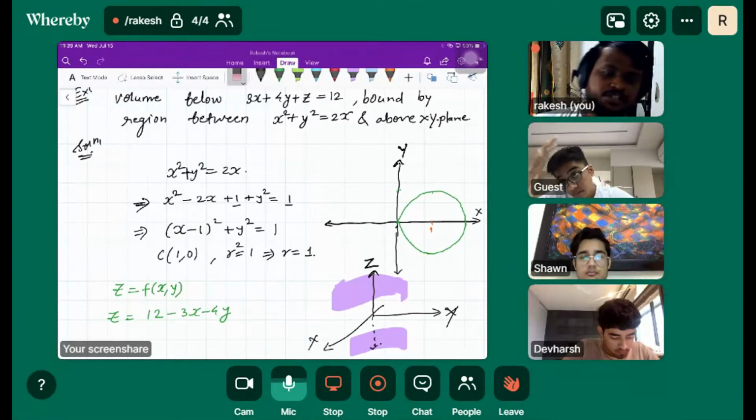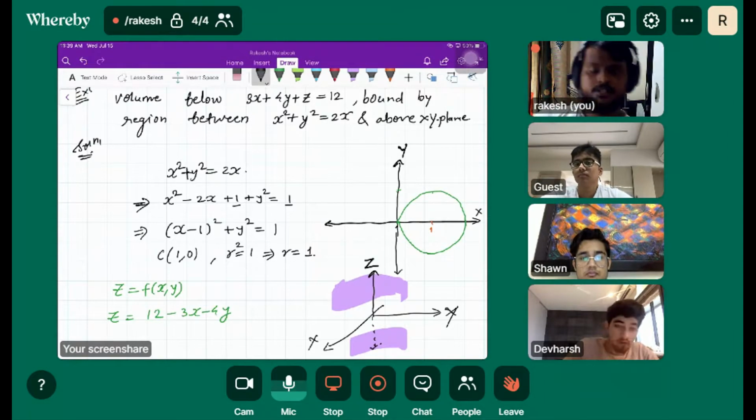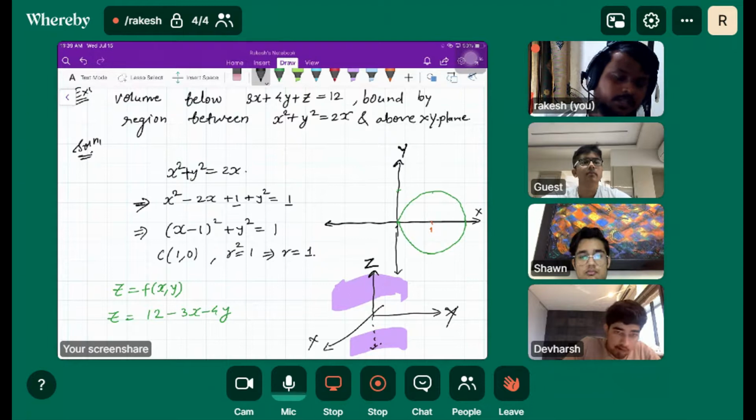Okay, so this is the region, which is circular, which is nothing but a circle.